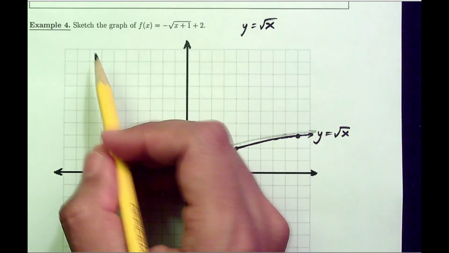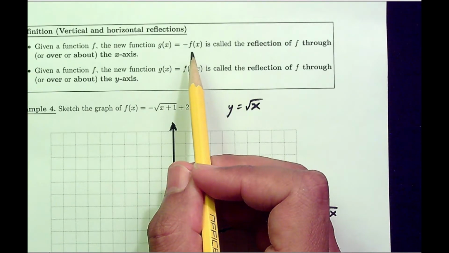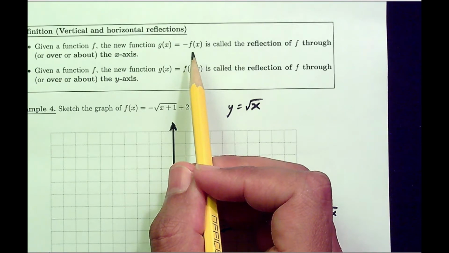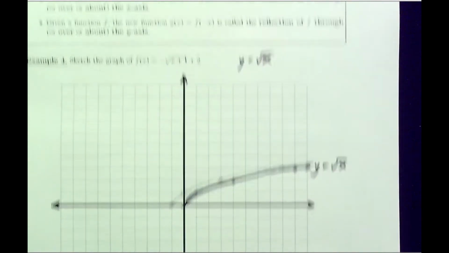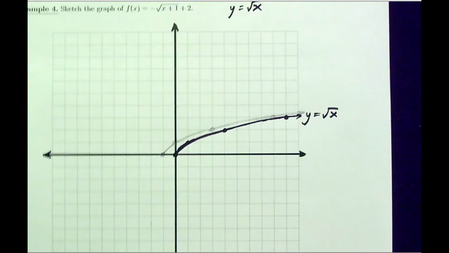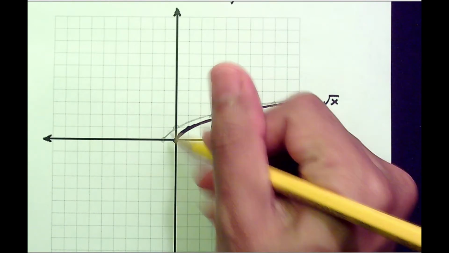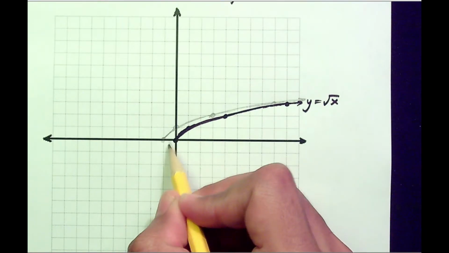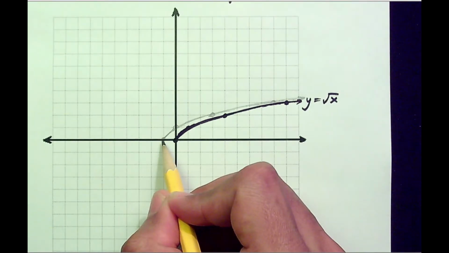Then we're going to do this negative, which is a reflection. The negative is outside the square root function. So it's going to be a reflection through the x-axis. So that means everything that is up goes down and everything that is down goes up. Everything here is up above the x-axis, so the whole thing moves down. So that reflected above the x-axis stays in place.